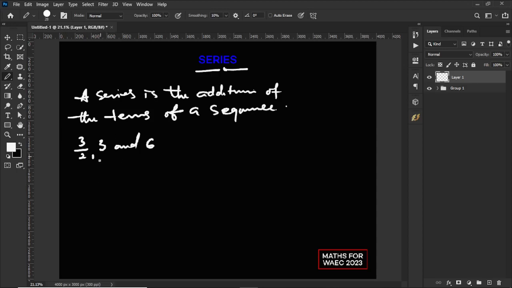If they now ask you to find the series of this sequence, since you already know that a series is the addition of the terms of a sequence, the series is going to be 3 over 2 plus 3 plus 6 and so on. Do you get that now? This is what they call series.